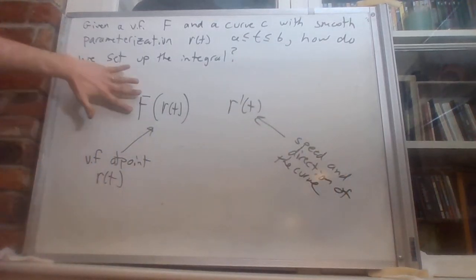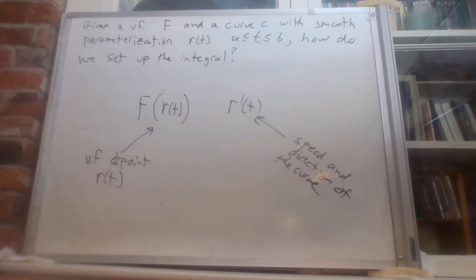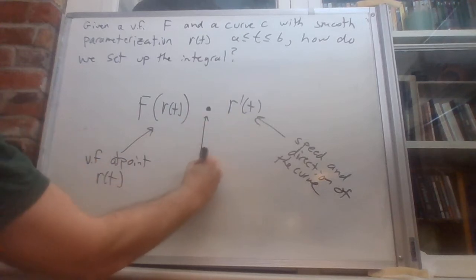So this tells us what the vector field is doing, this tells us what the curve is doing. We want to combine these two quantities in an expression that's positive when they're pointing in the same direction and negative when they're pointing in opposite directions. And we have an operation that does just exactly that, the dot product.